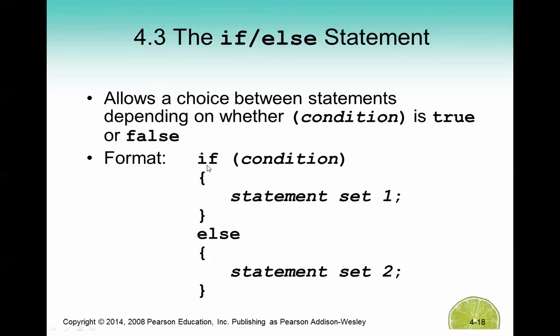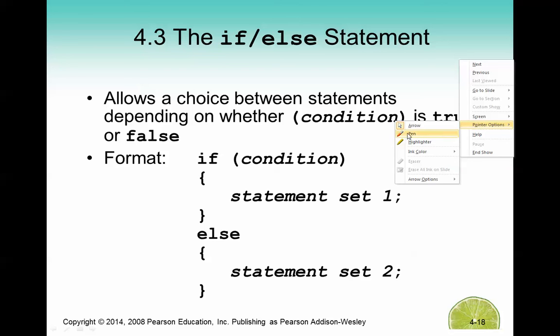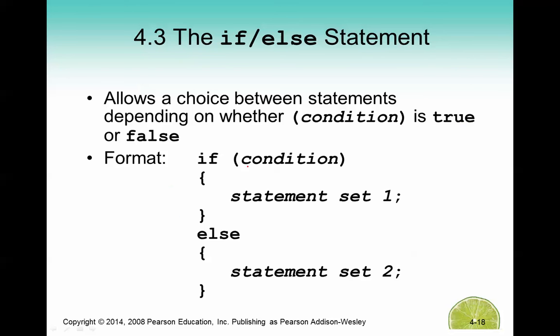We're going to start if, in parenthesis, condition, curly brace, statements here if it's true. Statements here if it's false. So we have to remember, if the result of this condition is true, this is the set of statements that are going to be executed.